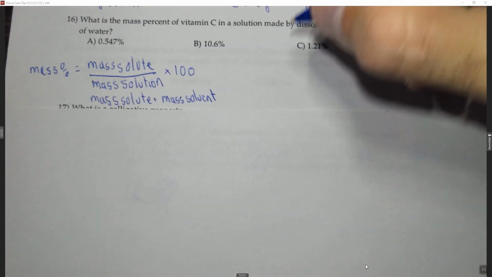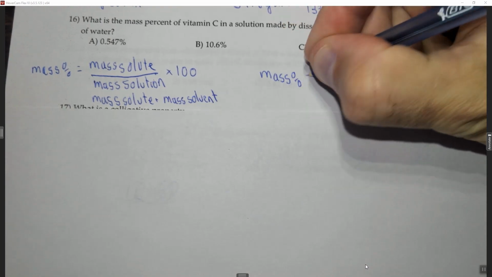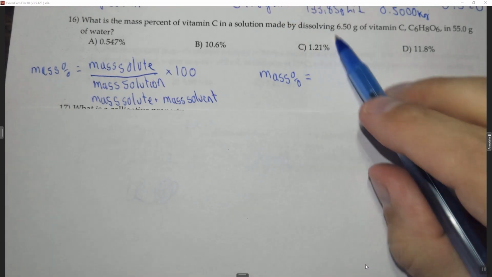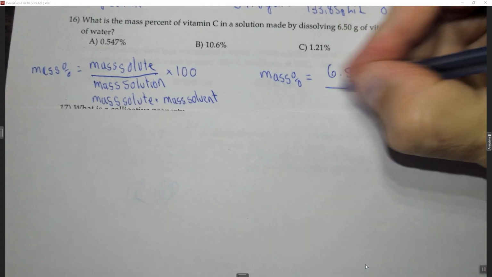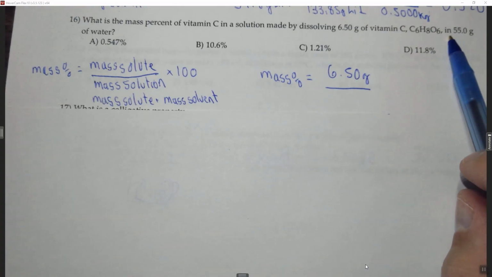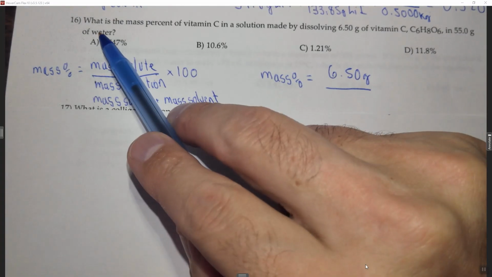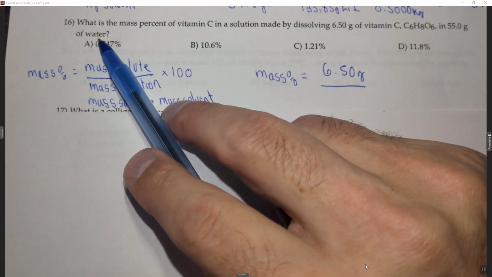So let's take a look here. Well, in this case, the vitamin C is the solute, so the mass percent is going to be equal to the 6.5 grams of vitamin C on the top. But if we read it carefully, we dissolved it in 55 grams of water. Water is not the mass of the solution. Water is the mass of the solvent.